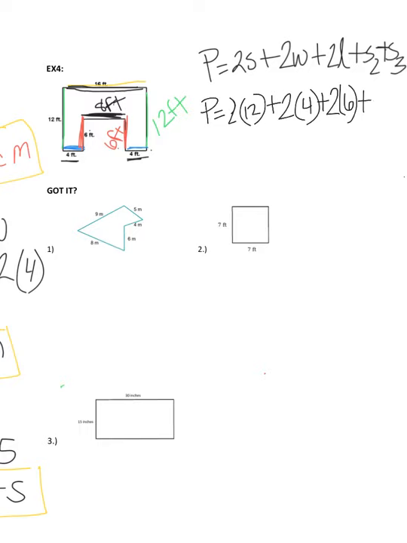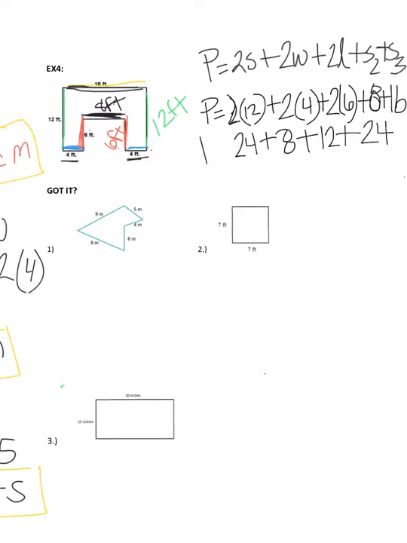And then we can just add the 8 and then add the 16. So we can just add all the outsides. Okay? So 2 times 12 we know is 24. 2 times 4 is 8. 2 times 6 is 12. Then we just can add 8 plus 16. That's going to give us 24.